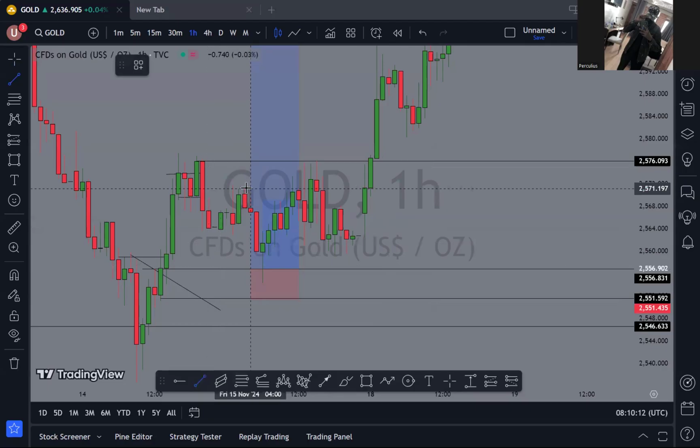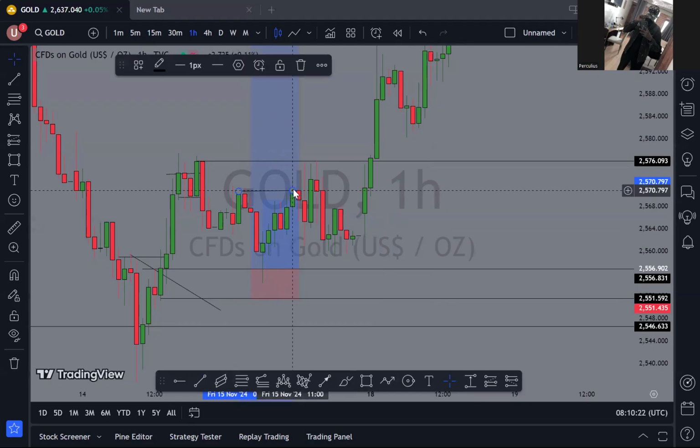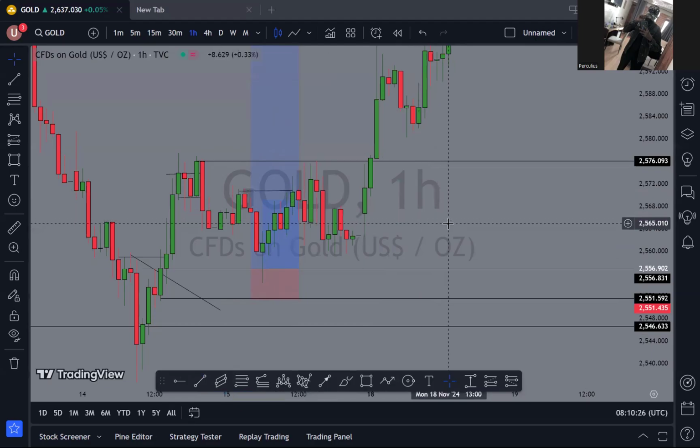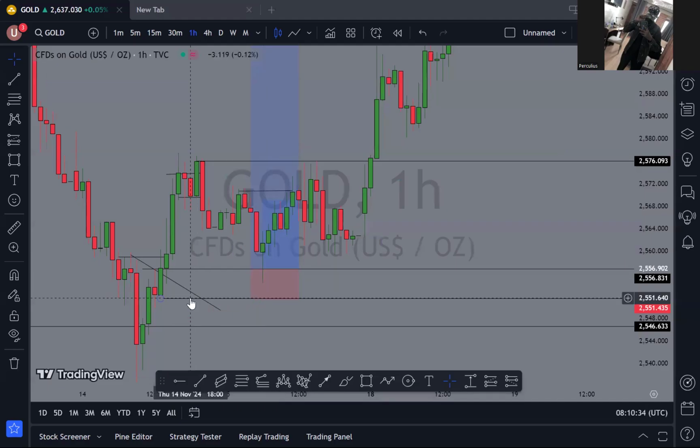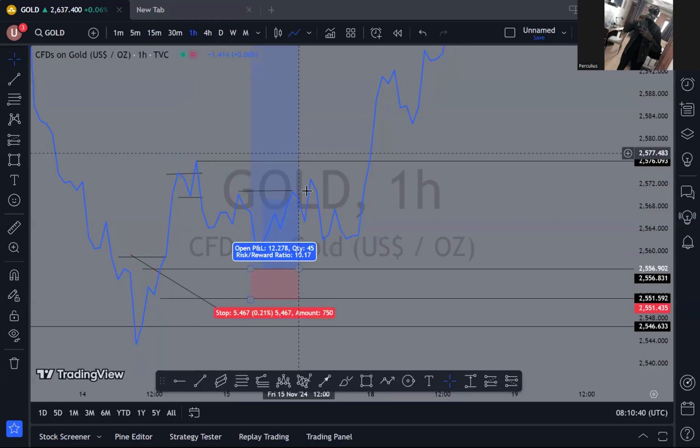There's another change of structure, change of character here. This is another change of character. And so after this happened, as usual, we look for an imbalance in the 1 minute time frame to get an entry. And still, we had another confirmation of the structure, this structure right here.